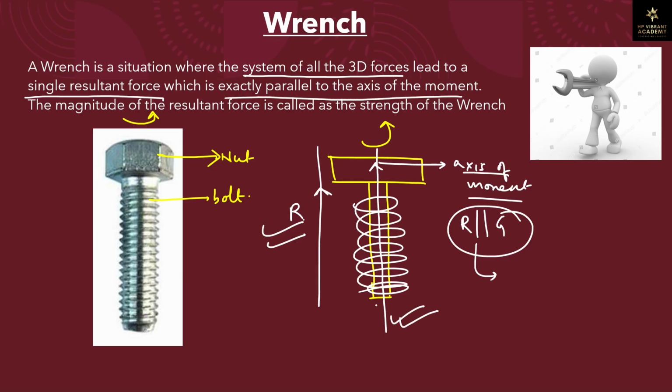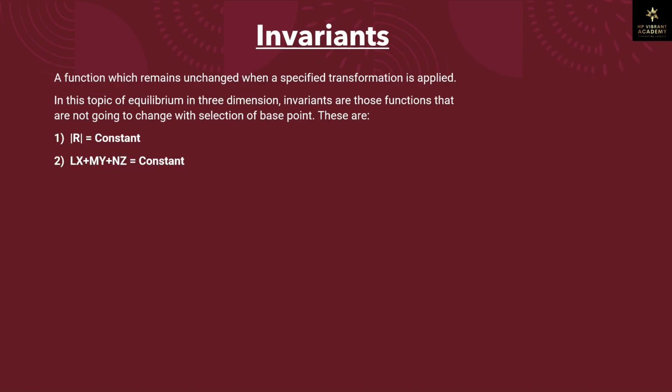Both the resultant R and the couple of moment are parallel. Under such conditions, where resultant R is parallel to the couple of moment, the situation leads to a wrench.